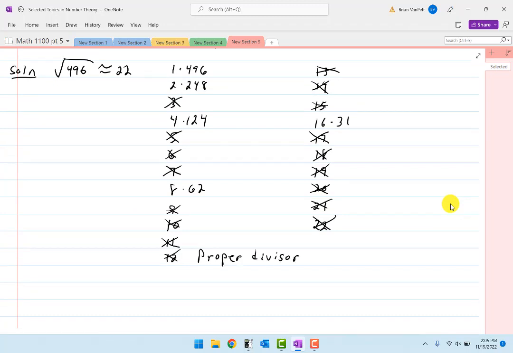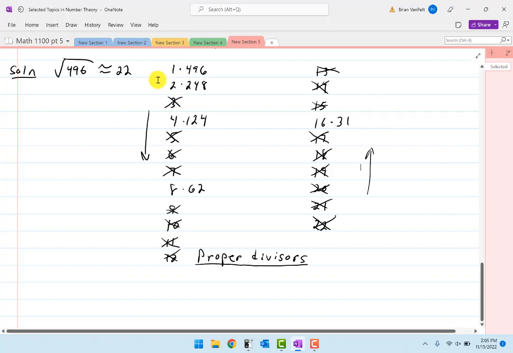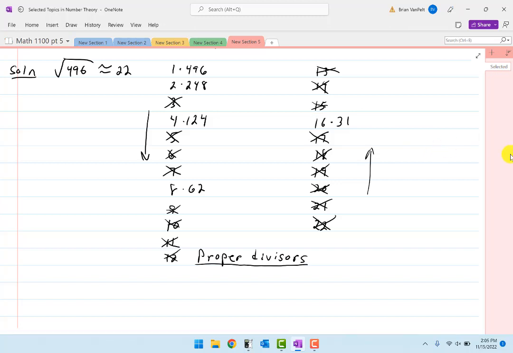So I want 496 to be the sum of its proper divisors. So once again, I'll count down the columns this way and then count up this way as I go. So as I go down the column, I got 1, 2, 4. Here's my list. 1, 2, 4, 8, and 16.